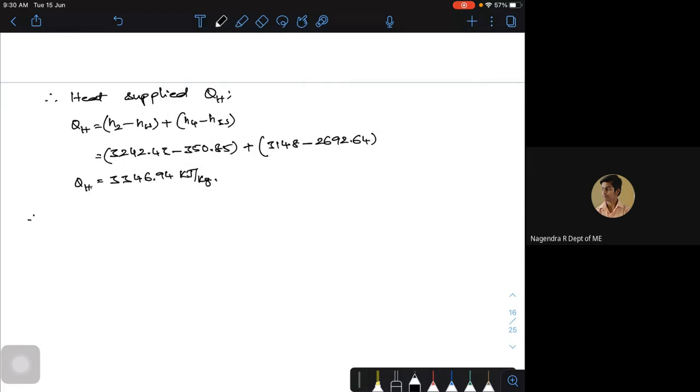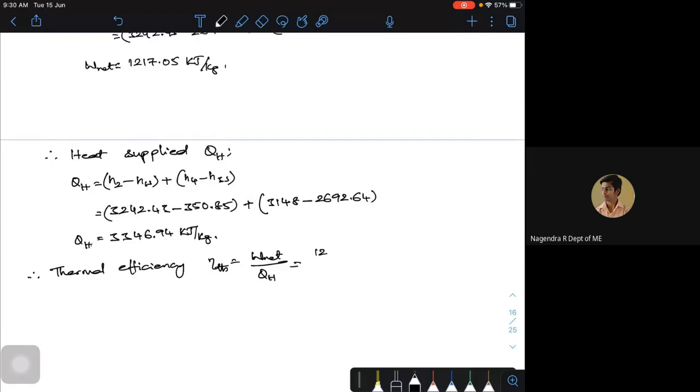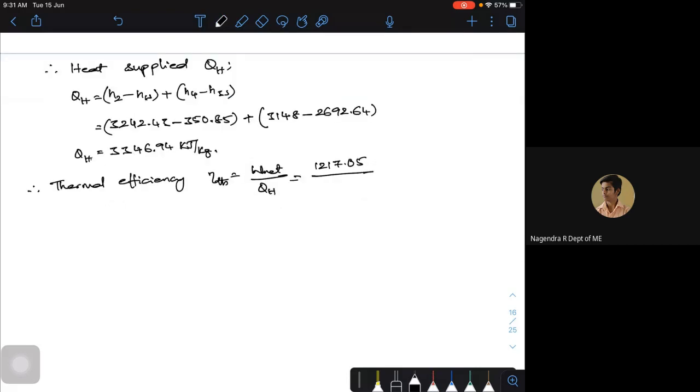Now, what is the thermal efficiency? Thermal efficiency is equal to net work done divided by heat supplied. The net work done is 1217.05, divided by 3346.94.